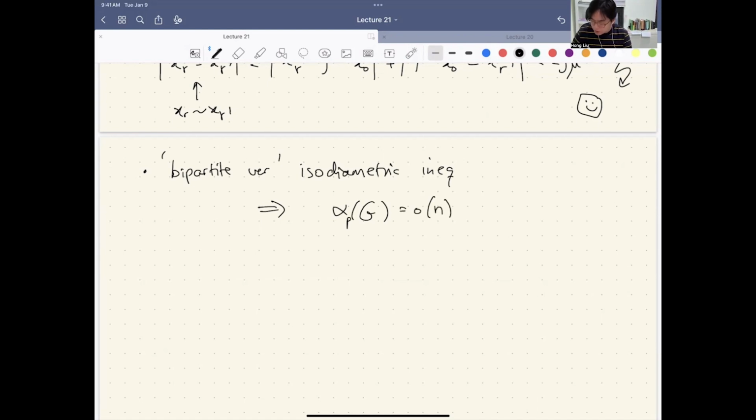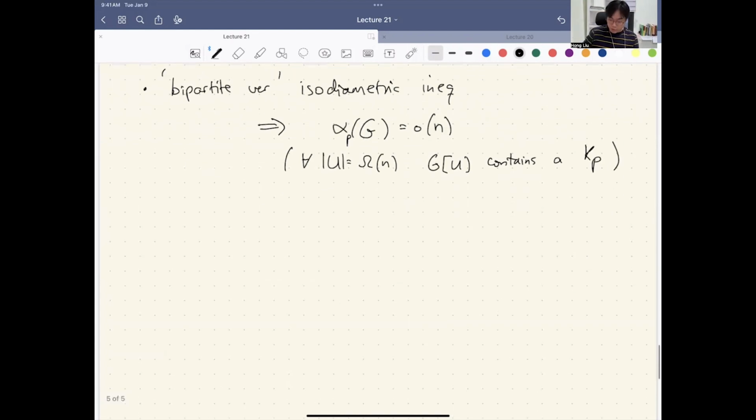It's little o of n. This just means that every set of size omega n in G contains a copy of K_P. Okay, this is what we want to prove.